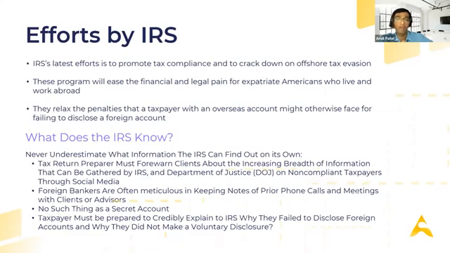The streamlined filing compliance procedure doors are open as long as you are voluntarily coming forward. And some may think, how is the IRS going to know if I don't report it? So don't keep yourself in that mindset.